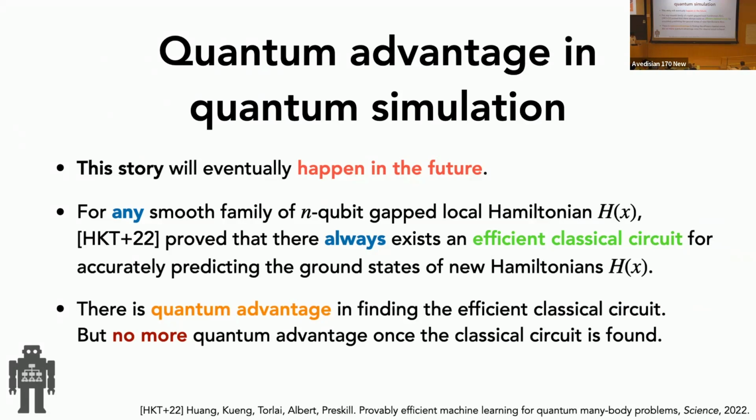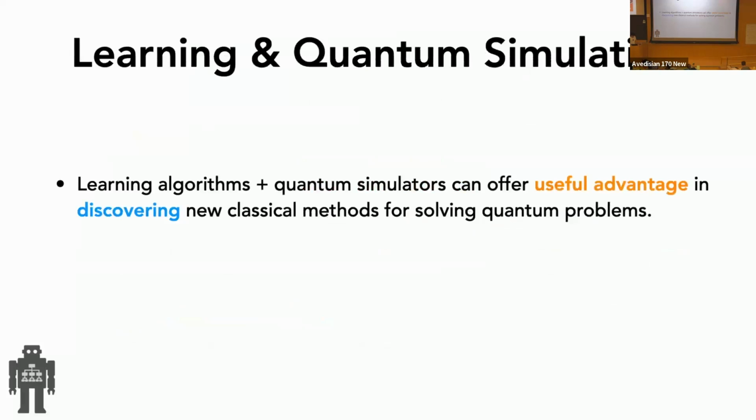But then I would say, in a way, there's still quantum advantage, but it's not the standard one that people talk about in complexity theory, because in this case we would say there's no quantum advantage. So what I wanted to conclude was that by combining learning algorithms and quantum simulators, it can potentially offer some useful advantage in discovering new classical methods for solving quantum many-body problems.